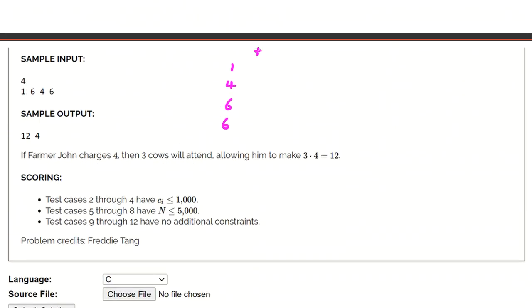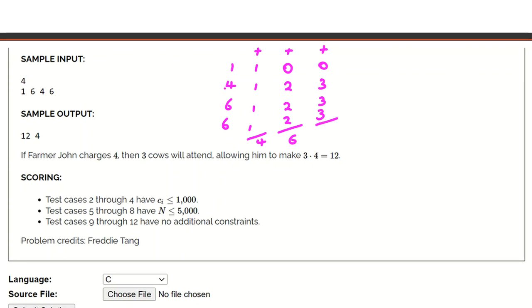Okay, if the tuition is, for example, 1, then all of them will participate. So it will be 1, 1, 1, 1, and the amount Farmer John gets will be 4. If the tuition is 2, the first cannot participate, so 0, 2, 2, 2. So it will be 6. If the tuition is 3, here it will be 0, 3, 3, 3. The first one won't attend. Why? Because he can pay at most 1.